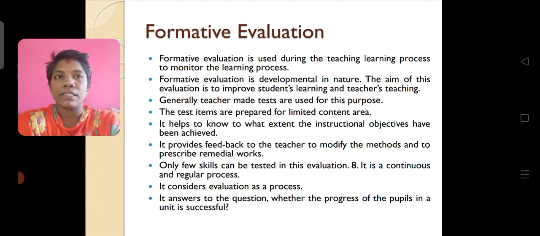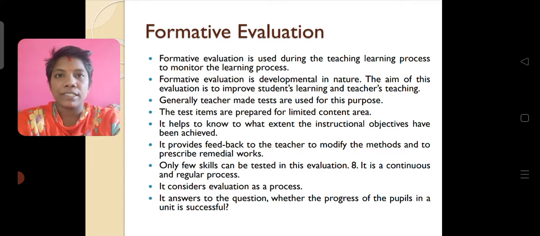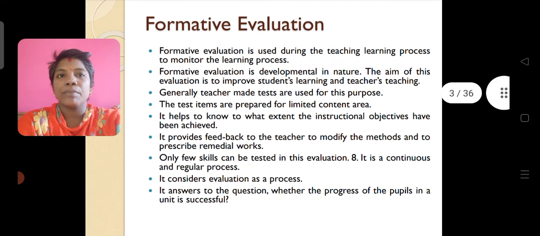Formative evaluation is used in the teaching process to monitor the learning process. In schools, they conduct tests and activities every month and give some home assignments. Marks are given for all of these by formative evaluation.